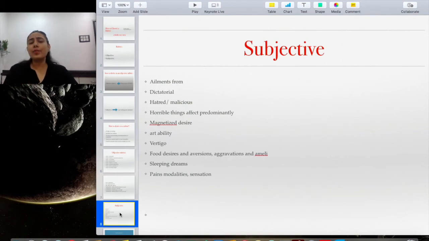So what kind of rubrics come in subjective rubric? You have rubrics like ailments from, like from this time my complaint started. Or the patient is dictatorial, there's a lot of hatred, horrible things affect predominantly. When the patient says, I listen to any bad news, someone's death, who is not even related to me, I fall sick.